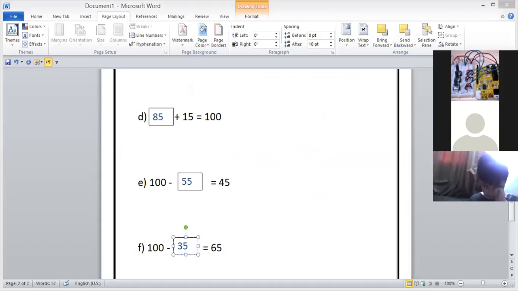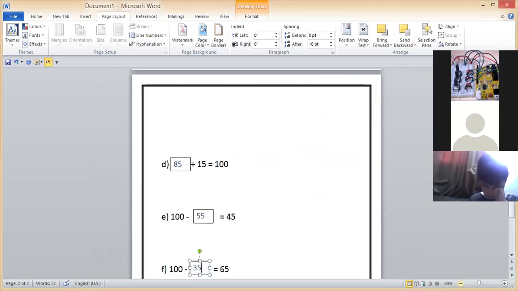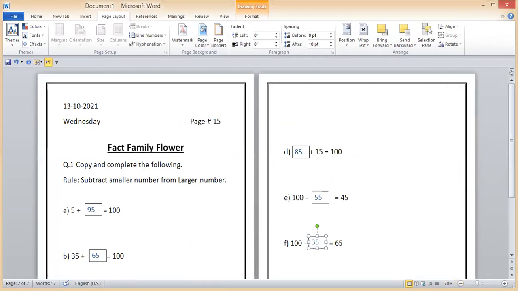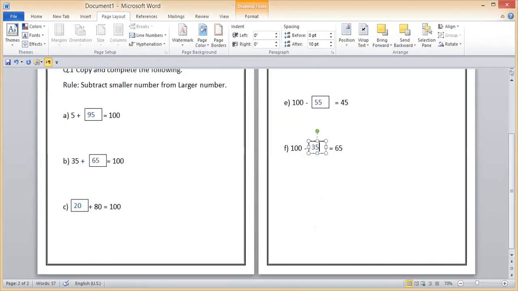Yes, sir. Very good. I'm going to zoom out for you if you had not finished. You can see here A, B, C, D, E, and F. But I'm giving you 2 minutes, guys. Complete it fast. Then we will complete question number 2.